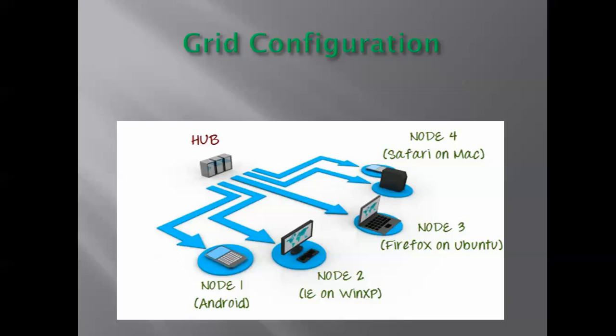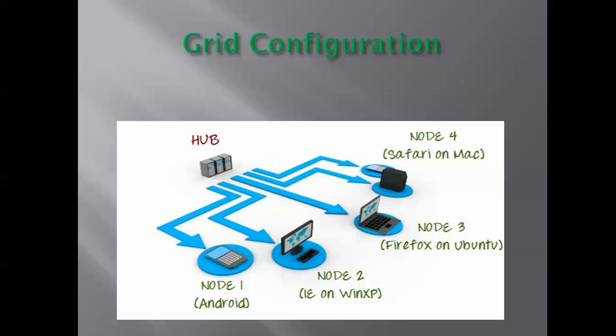And nodes are basically different machines which contain different sets of browsers, right? Now what we need to do exactly to configure a grid is register one or more of our nodes to our hub, right? Now the hub is again a machine which has a server running on it, right?